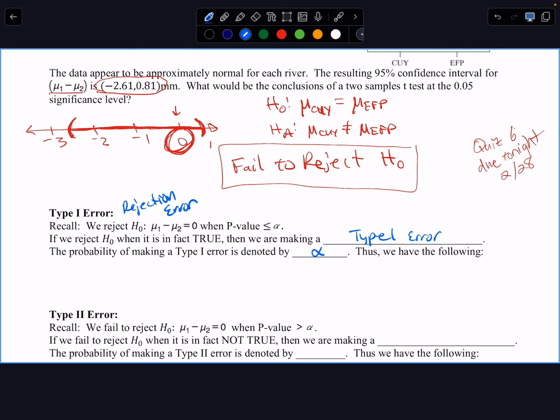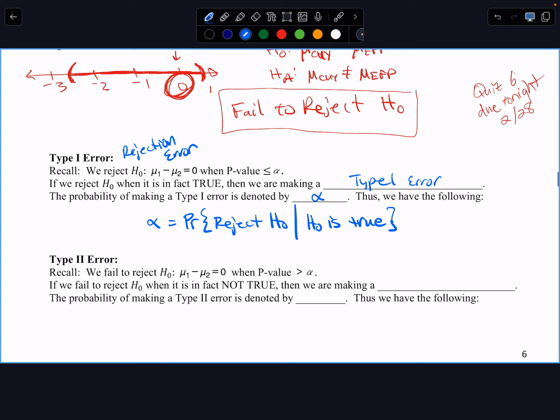That means the null hypothesis is true. In symbols, if you wanted to write your type 1 error as a probability statement, it's the probability that we reject H naught given H naught is true. All right, that's a type 1 error.